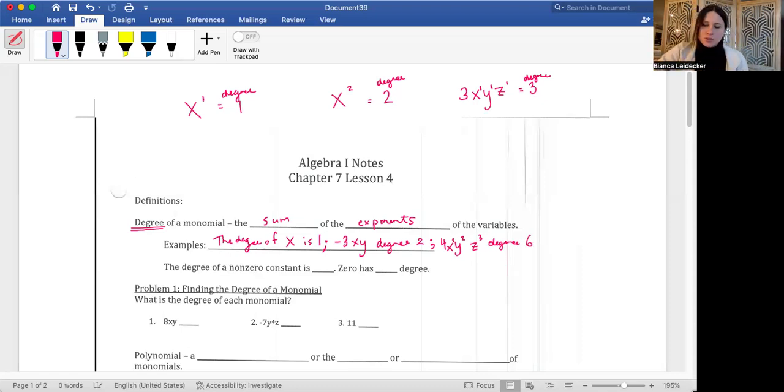Because this x would have a 1. So 1 plus 2 plus 3.